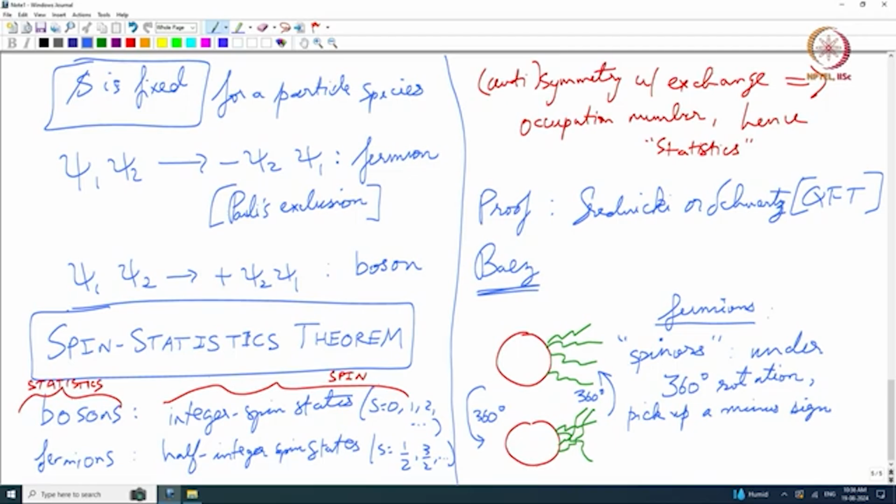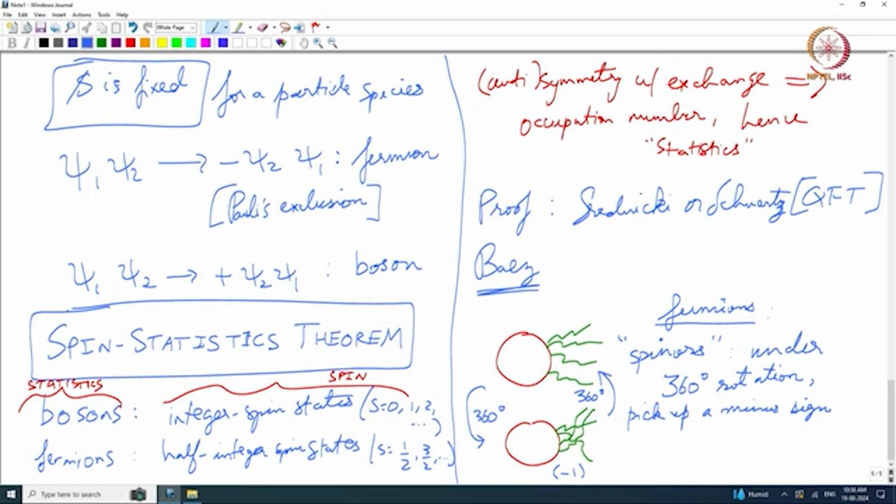So these entangled threads could represent the minus sign that you are picking up. It's just a cartoon, don't take this too seriously, just think of this intuitively. So if I do two 360-degree rotations, I come back to the same state. That is the spin part of the spin statistics theorem.